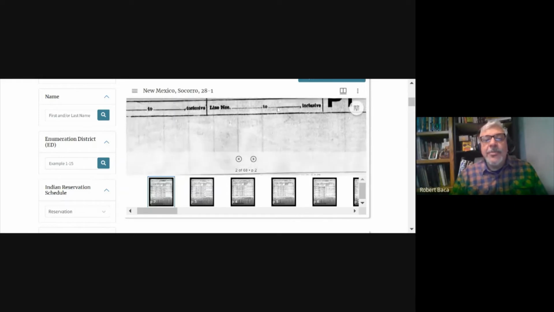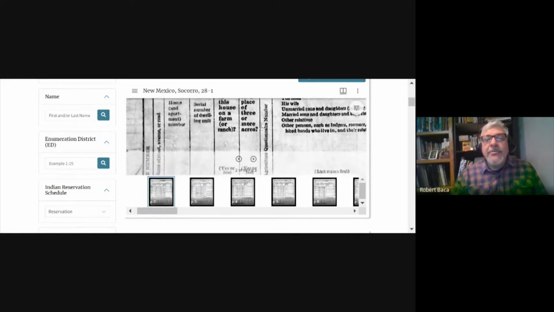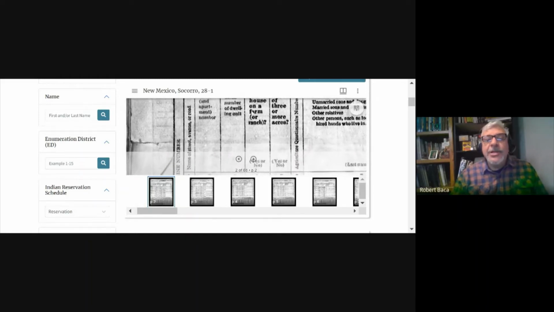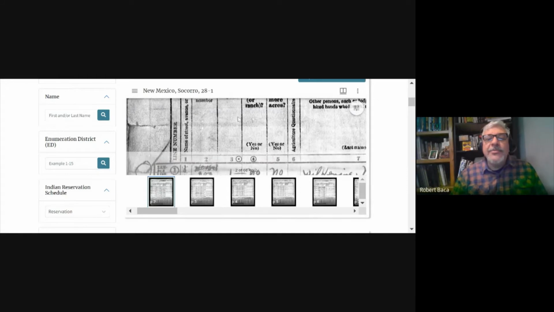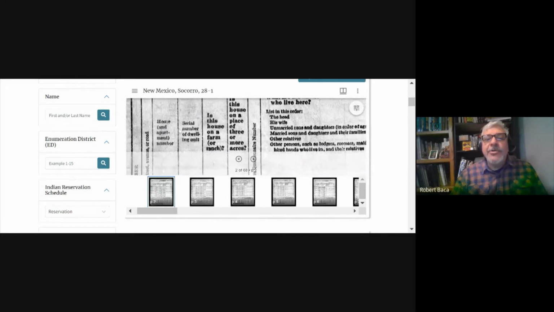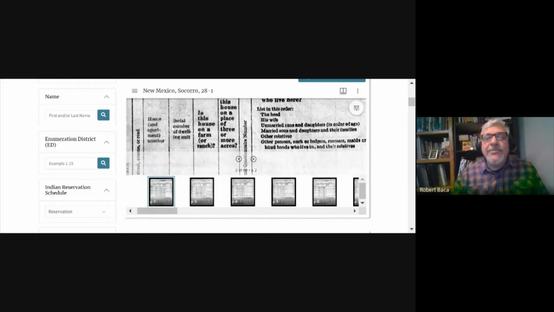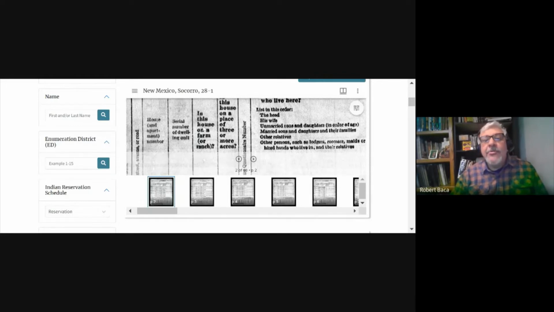In the form number, they may have some other information up there. Then they have these various different columns that explain line number, names of street, house and apartment number, serial number, dwelling unit. So they give you a number: 1, 2, 3, 4, 5, etc. Is this house a farm or a ranch?